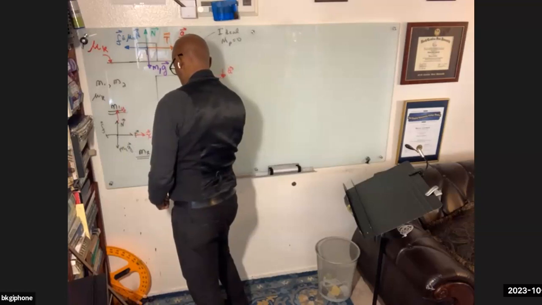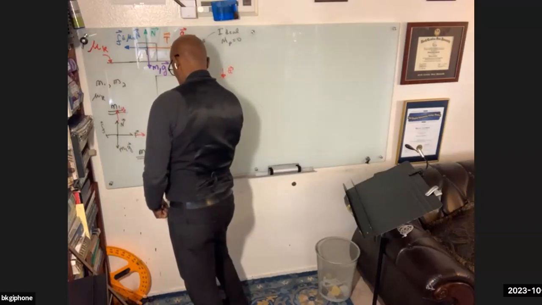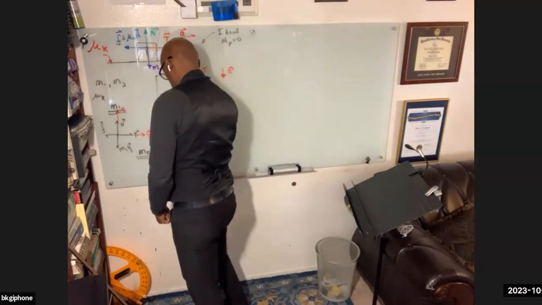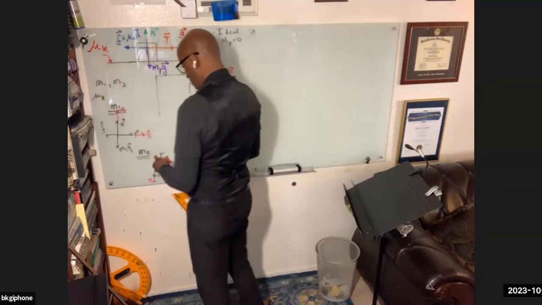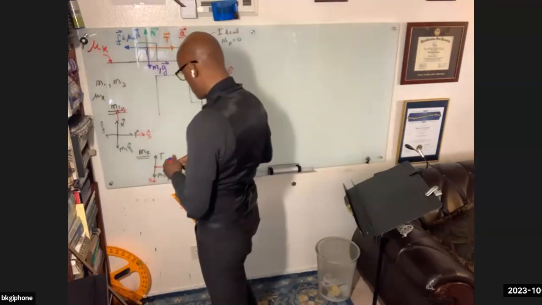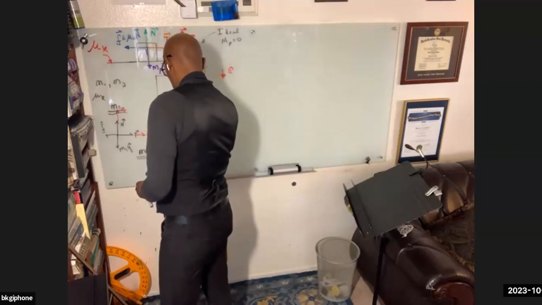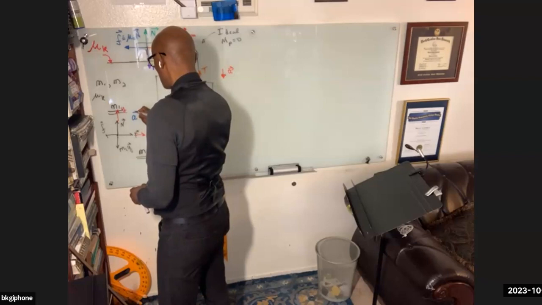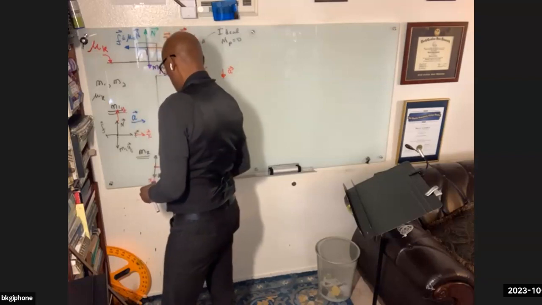So now positive Y is in this direction, and positive X is straight down, so that the acceleration for both objects can be defined to be in the same direction. And that's the positive X direction. That guy, and A, that guy.